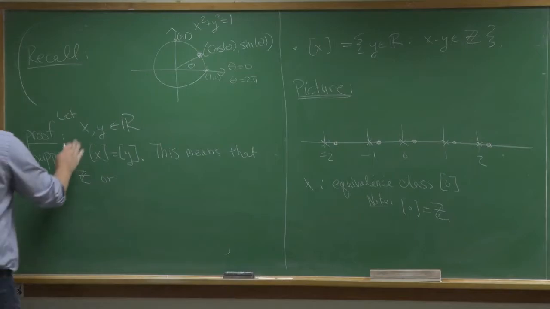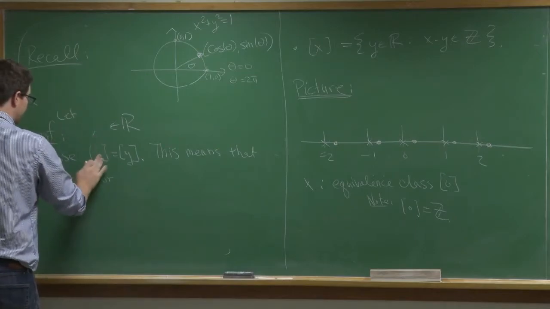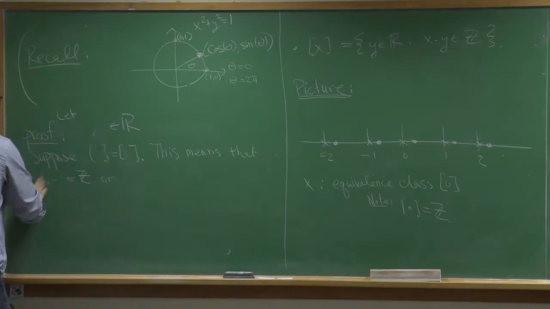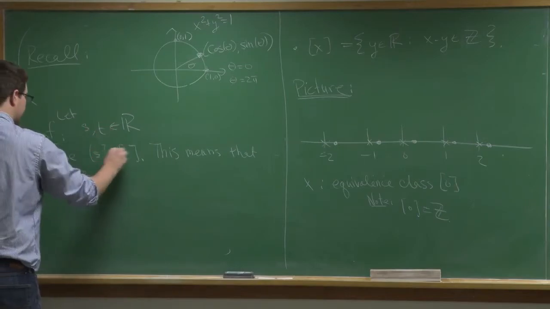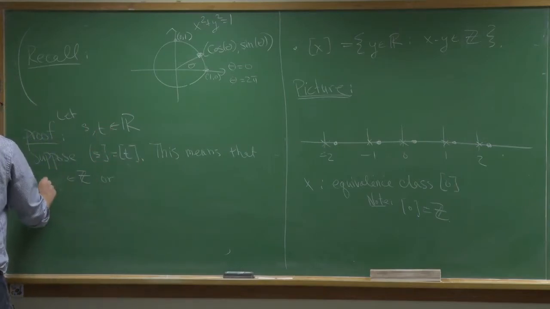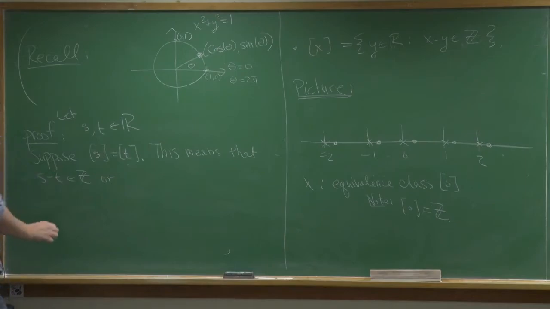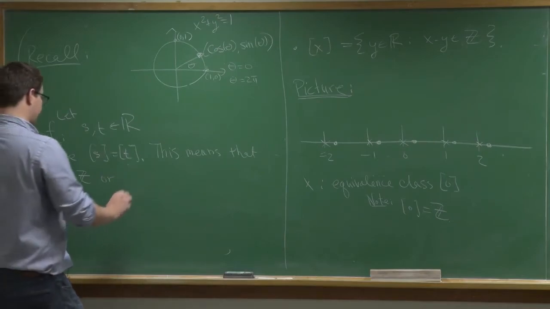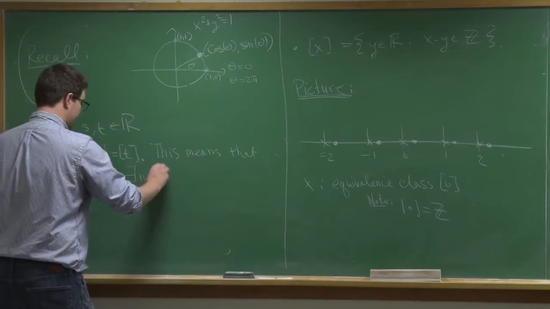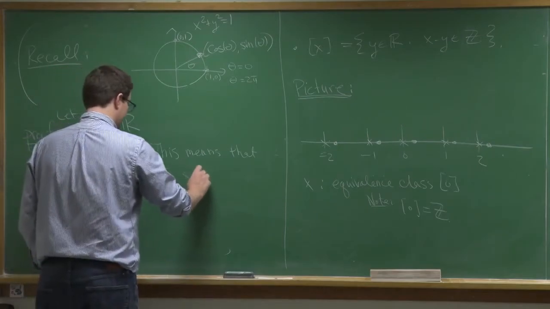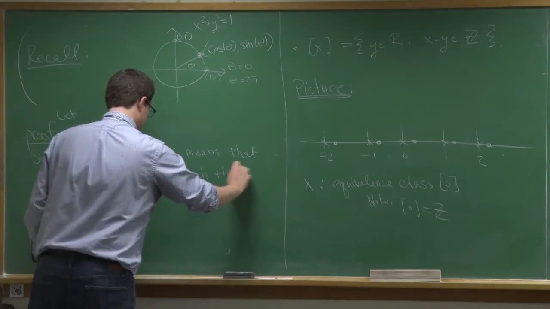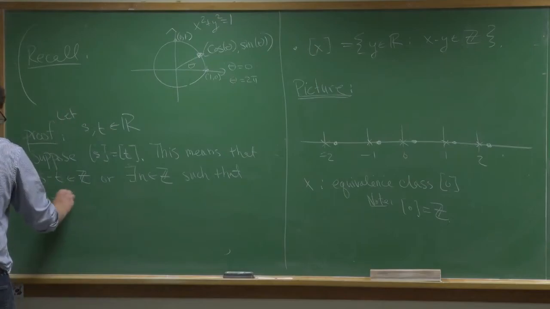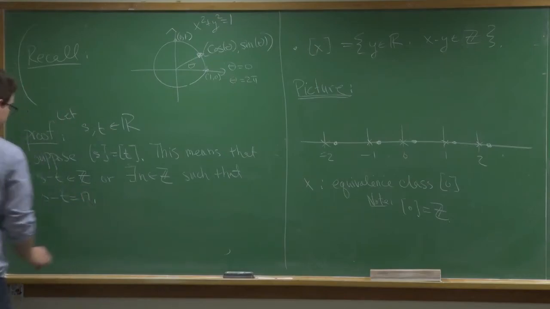Or let's do s and t, to match the notation. So s is equivalent to t, which means there exists some n in Z such that s minus t is equal to n.